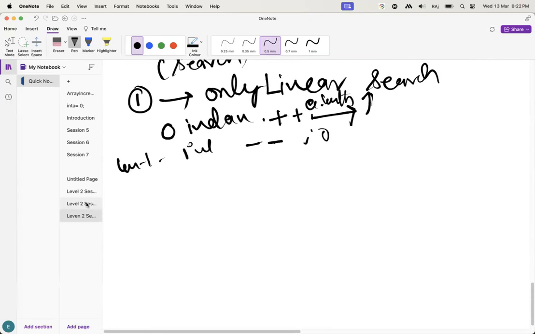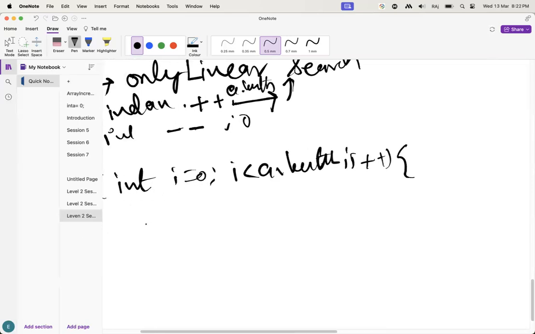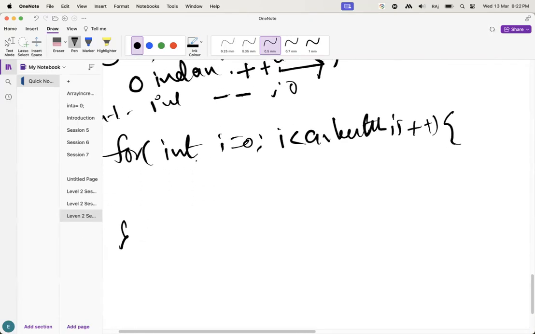How are we going to implement that linear search? Let's suppose: for int i equal to 0, i less than array.length, i plus plus. Guys, this is the normal array traversal.